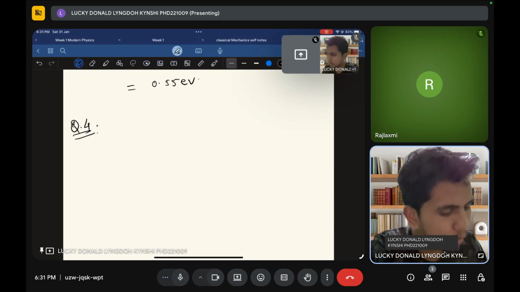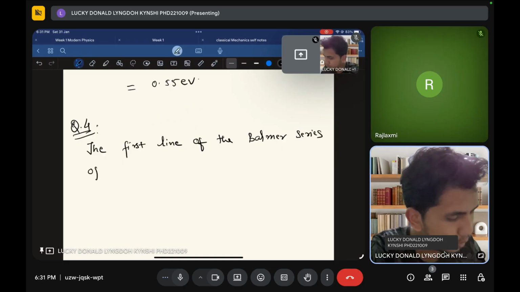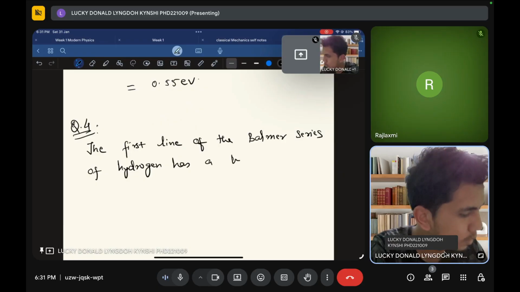So question number 4: the first line of the Balmer series of hydrogen has a wavelength 6563 Armstrong.